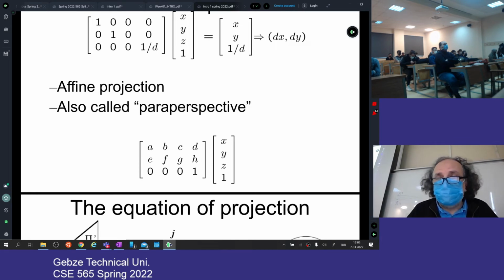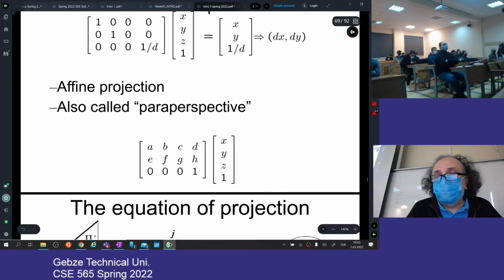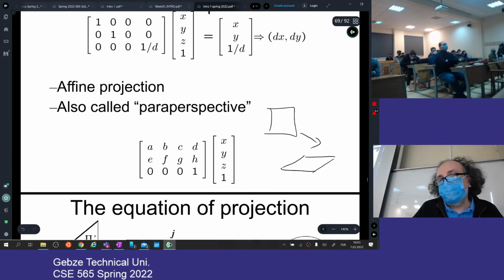For example, with affine projection, you can project this kind of rectangle into this kind of shape. So parallels stay parallel, but you lose the angle information.